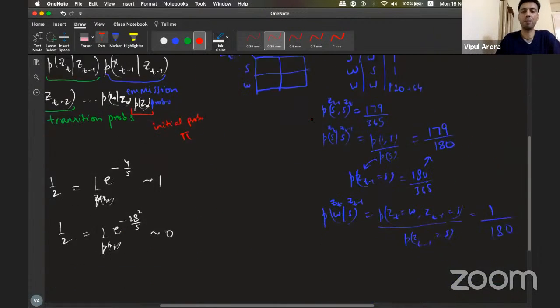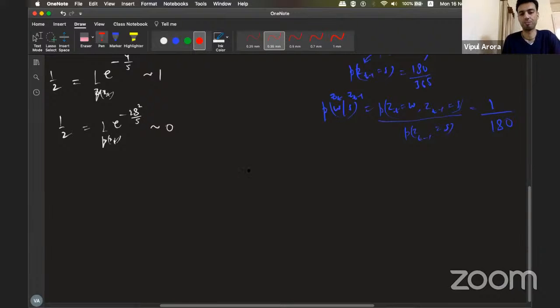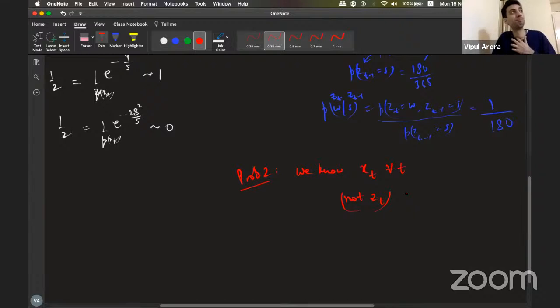But what if we do not know the hidden states? Another problem could be, I don't know zt, we only know xt for all t, not zt. Can you still use hidden Markov models? The answer is yes. We can still use hidden Markov models.